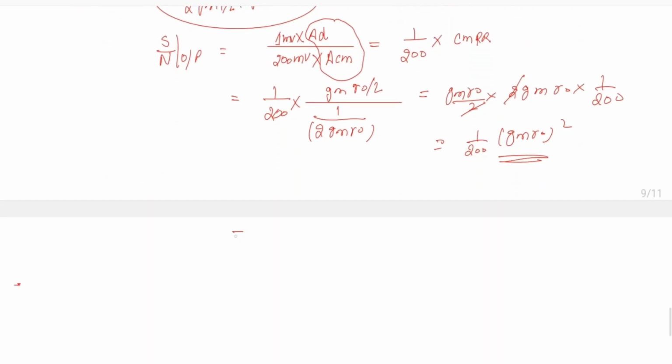So this will be 1 by 200 into 60 square. Let me calculate, 60 square divided by 200. So it's 18.